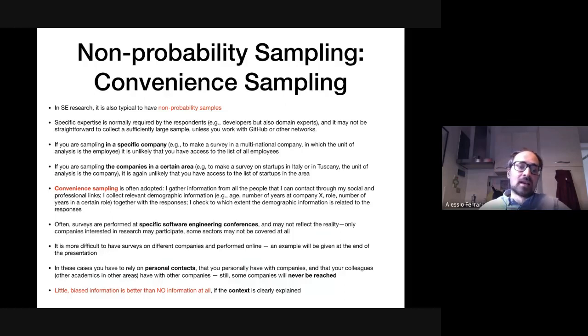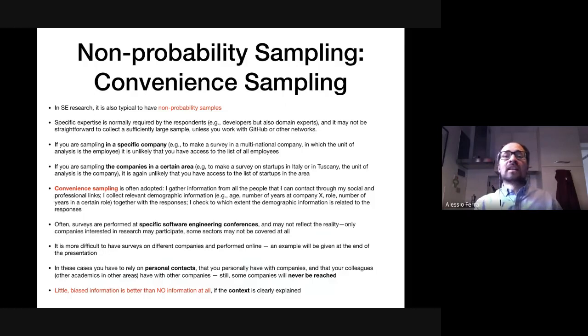Why? Because biased information, little information, is better than no information at all if the context is clearly explained. So if you are able to clearly explain the scope of validity of your results, even if you select a number of companies in a non-random way and just according to your contacts or your network, this is still useful, because if you can explain that context, probably the answers that you get may apply also to similar contexts.